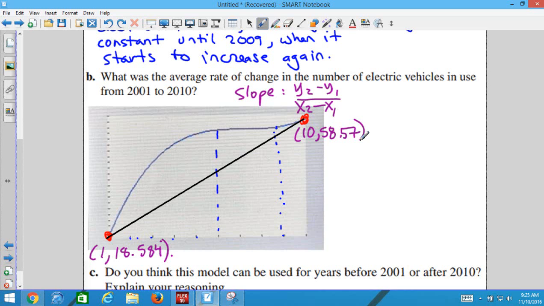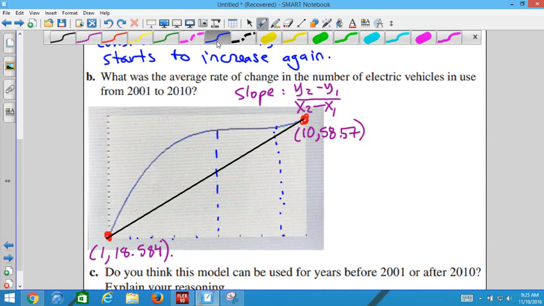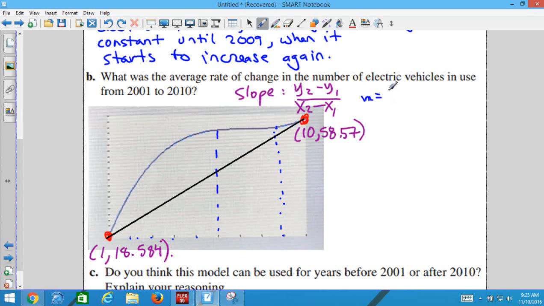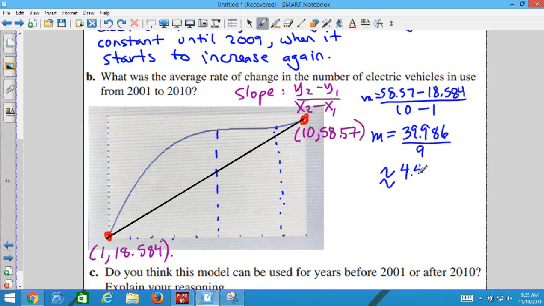So we're going to find the slope in between those points. 58.57 minus 18.584 over 10 minus 1. So that's 39.986 over 9, which is approximately 4.443.